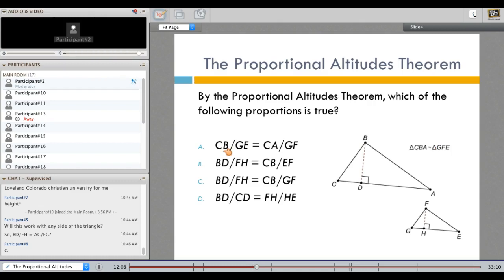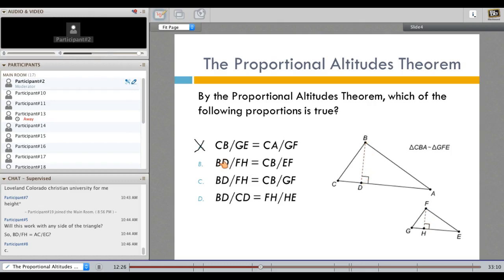So we have CB over GE. Okay, that doesn't look good, right? Because we have CB, which is the left side of that triangle. GE is the bottom side of that triangle. Those don't match up, so we'll cross out A. BD, FH. Is that a good match?